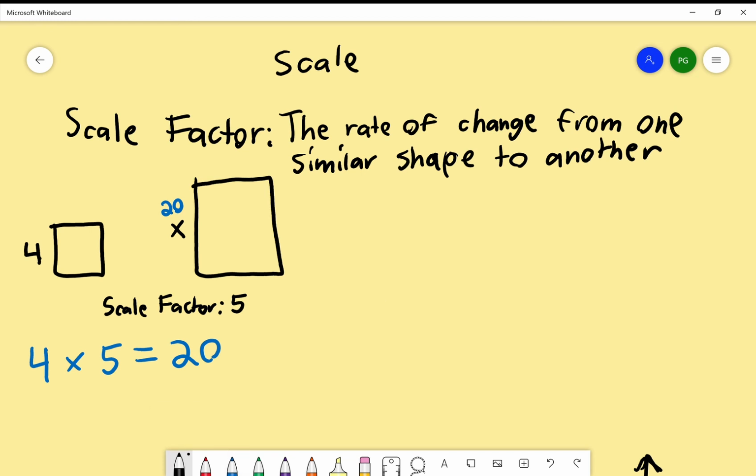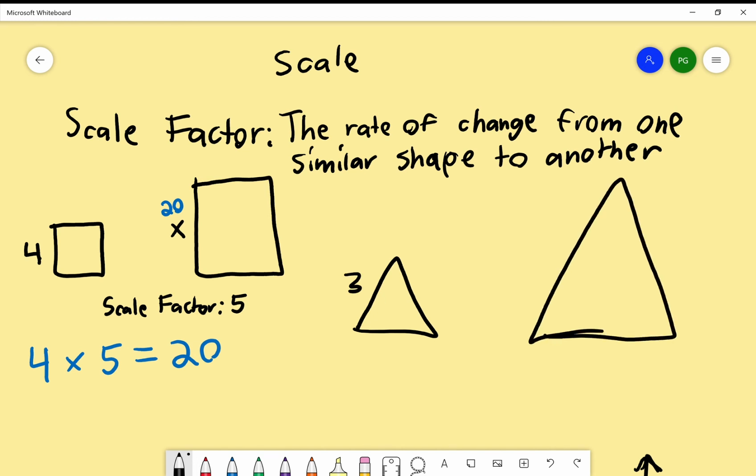Let me show you another example. Let's say here I have a triangle. This is worth 3, and I want to find out on a much bigger triangle what the corresponding side will be. Now for this one, you have a scale factor of 7, right? Well, the scale factor is what you're multiplying by. So to get from the small to the big, you are multiplying the small side length by 7.